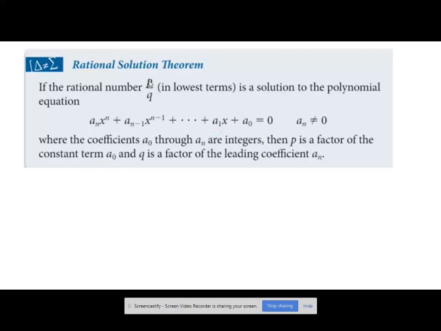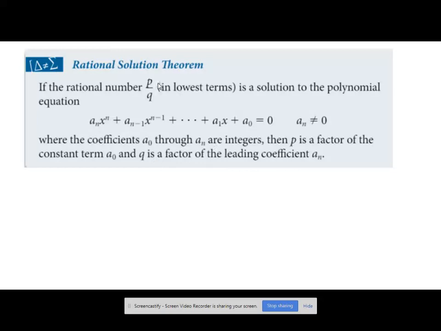So p, this numerator in our potential hopeful solution, is some factor of this number here. And q, the denominator of this fraction, is some factor of the leading coefficient at the beginning.